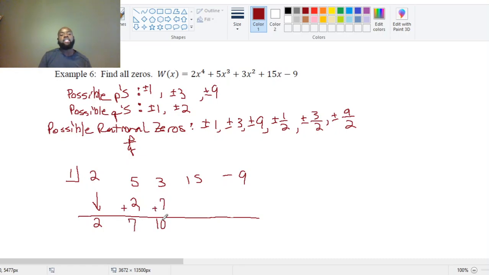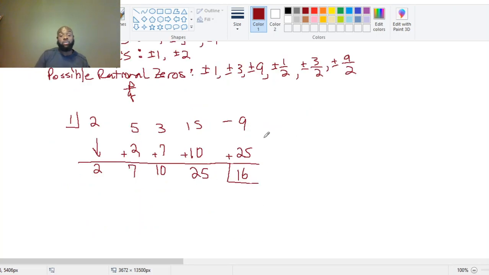Add those together, I get 10. 1 times 10 is 10, and this is not looking very promising because I'm getting 25. Add those together, I get 16. All right, since my remainder is not 0, x equals 1 is not a zero.